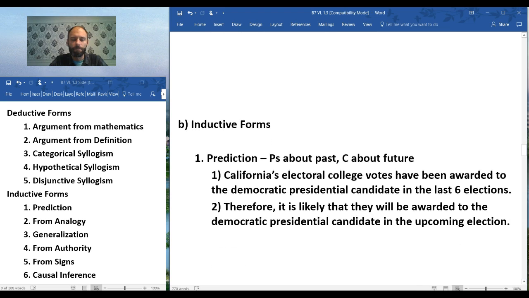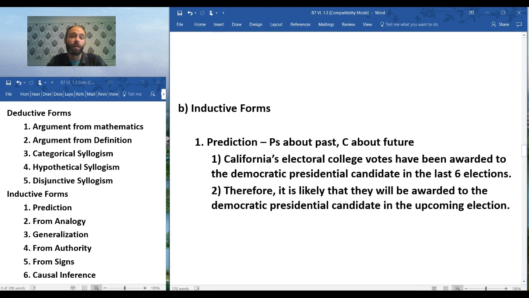All right, so now let's take a look at inductive argument forms. So the first inductive form we're given is arguments that try to make predictions. So arguments that are predictions have premises about things that have happened in the past, and then draw a conclusion about something that will happen in the future. Take, for example, the following.